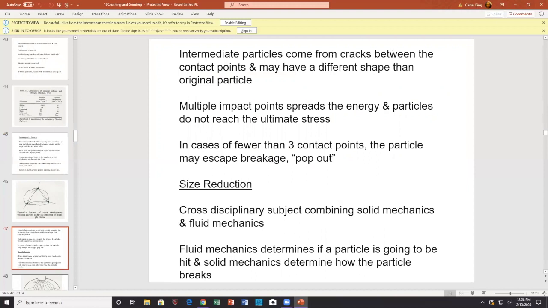Intermediate comes from cracks between the contact points and may have a different shape than the original material. Multiple contact points spreads the energy out and particles do not reach their ultimate stress. In cases of fewer than 3 contact points, the particle may escape breakage or pop out.